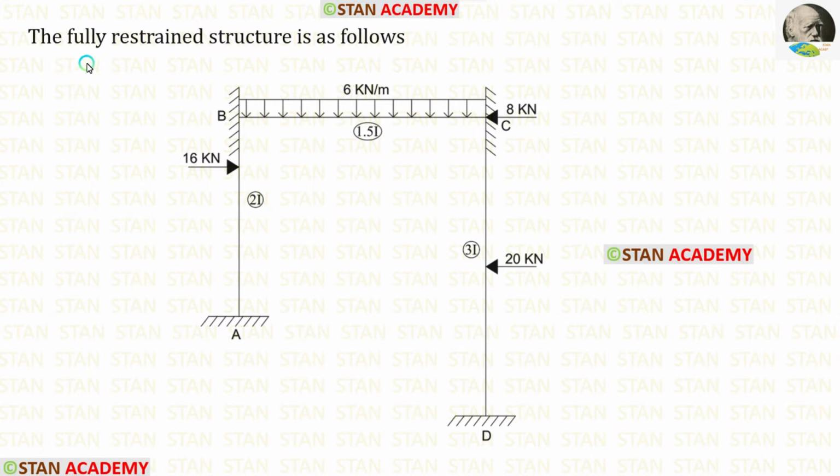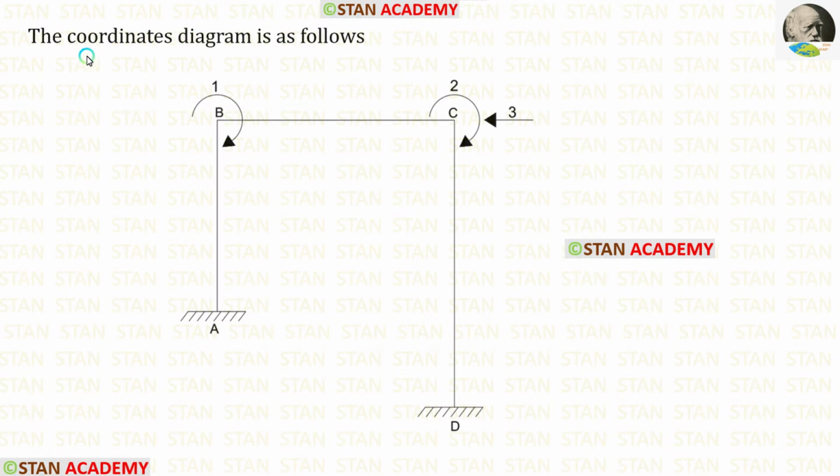Now, let us make the fully restrained structure. For that, we have to provide fixed supports at the points B and C. Now, let us make the coordinates diagram. In this analysis, there are 3 coordinates.